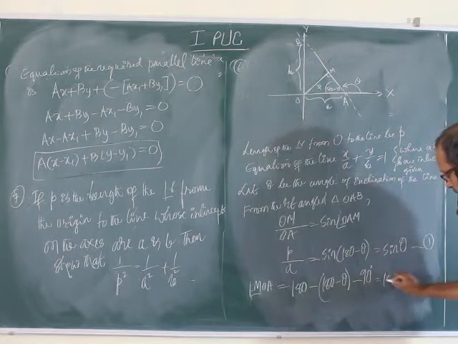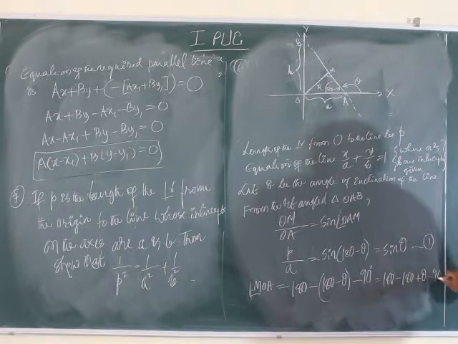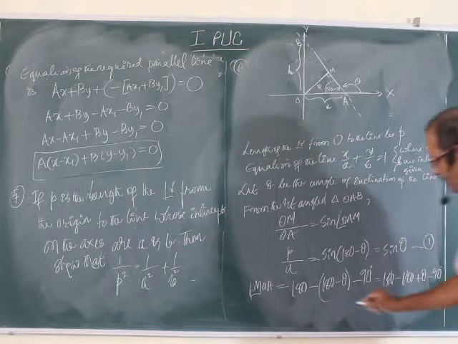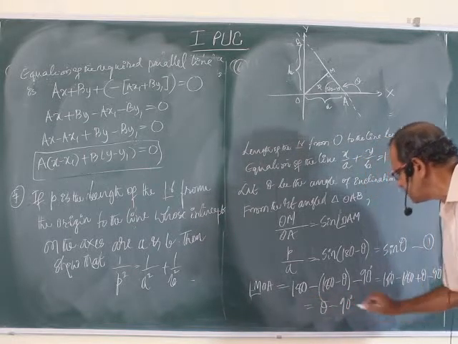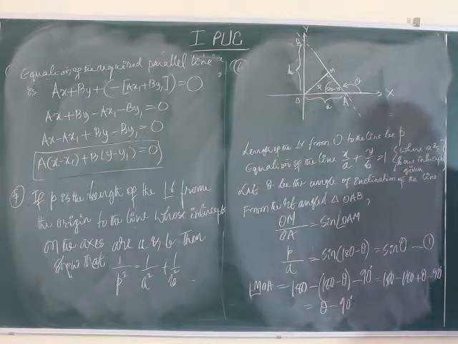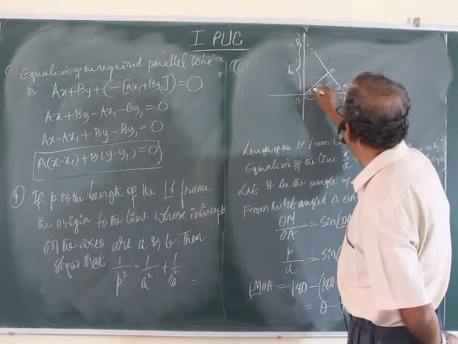It is equal to 180 minus 180 plus theta minus 90. The 180 cancels, and you get theta minus 90. That angle is theta minus 90.